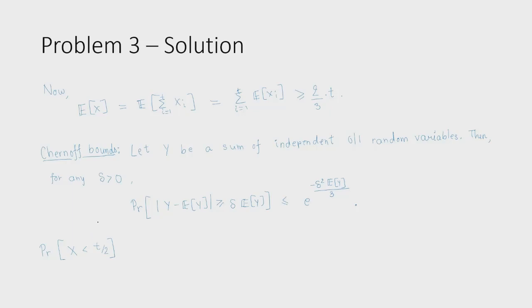Okay, so this might look a little different from this, but what you can do over here is remove this absolute value. If you remove the absolute value, you would get something like probability y minus expected value of y is greater than or equal to minus delta times this, and less than or equal to minus this.